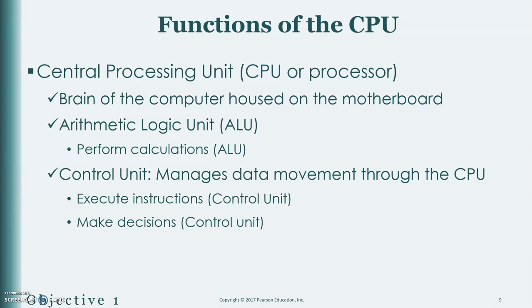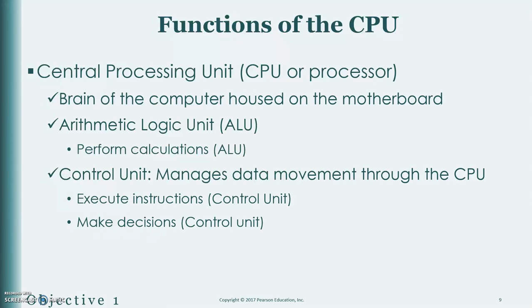The central processing unit is housed inside the system unit on the motherboard. Okay? Motherboard is just like a big circuit board. And it's made up of two parts. Okay? The arithmetic logic unit, or the ALU, and the control unit, okay? The CU.